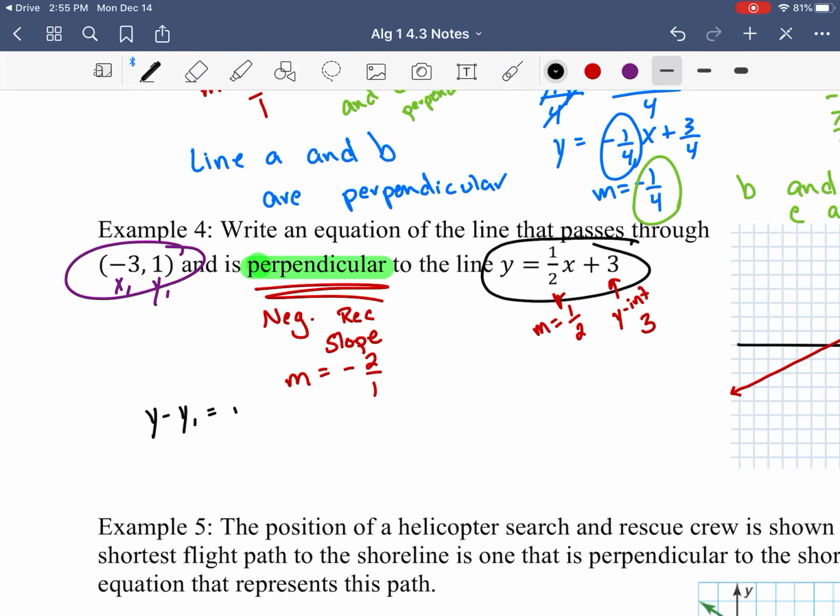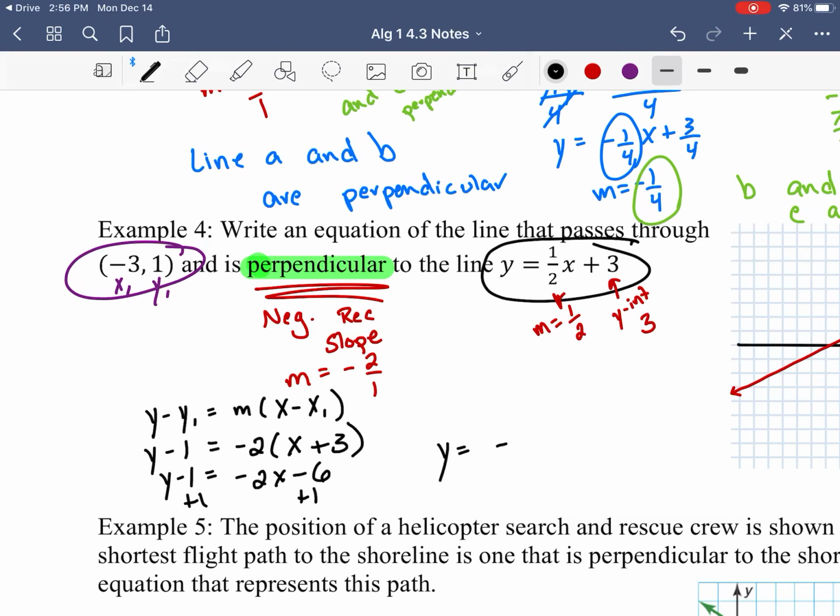Y minus y1, I use my x1, y1, x minus that 1 right there, slope of -2, x minus a -3, which means +3. And now simplify. -2x minus 6, add the 1 to both sides. Y equals -2x minus 5.